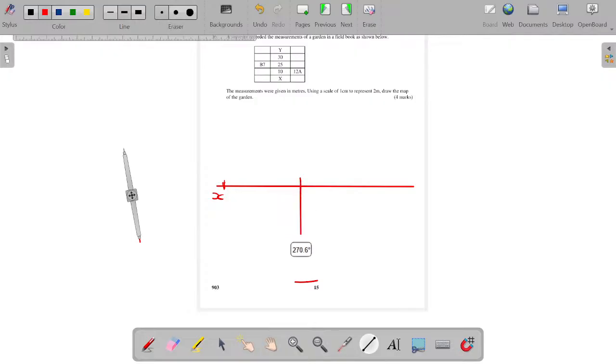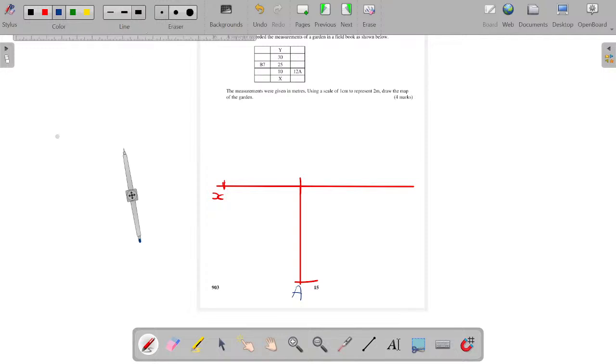I'm drawing a line like that. And that point, I'm going to call point A. That's my point A.